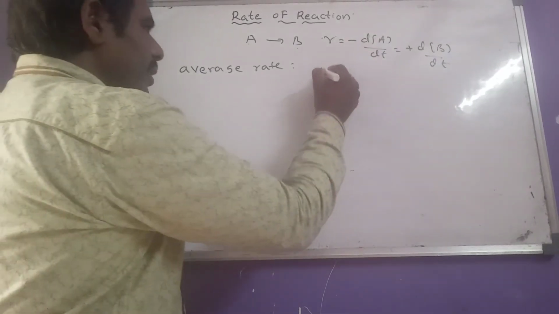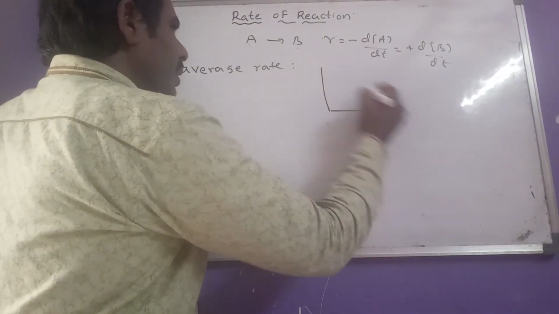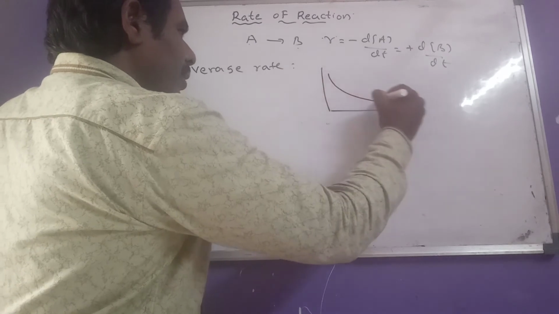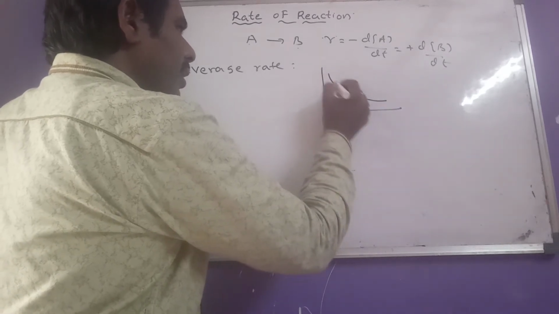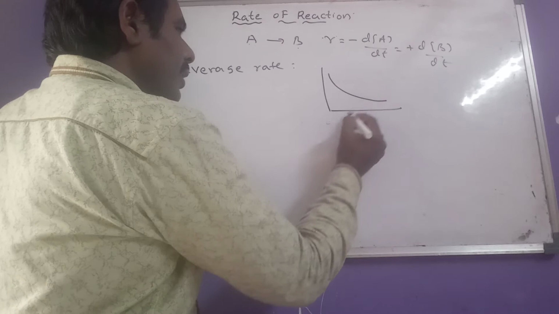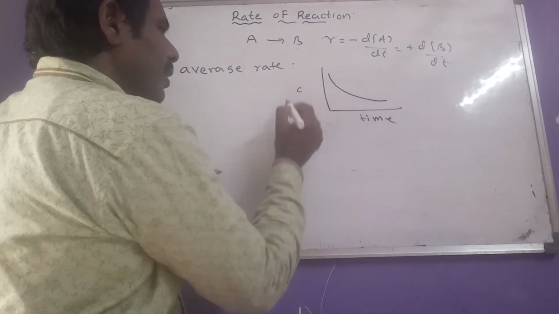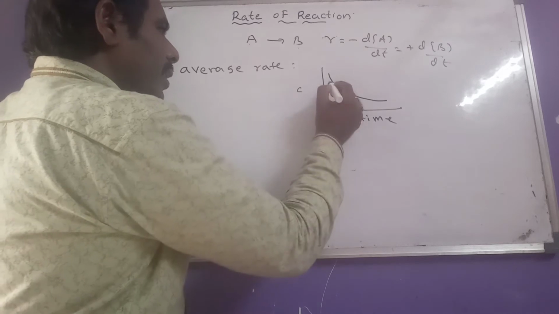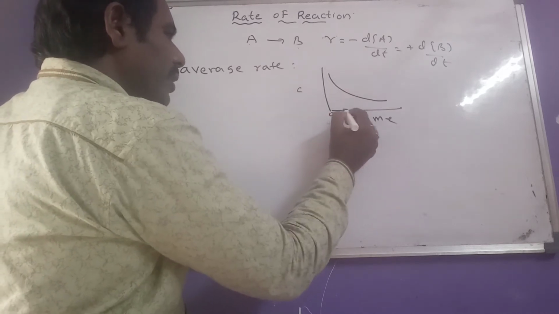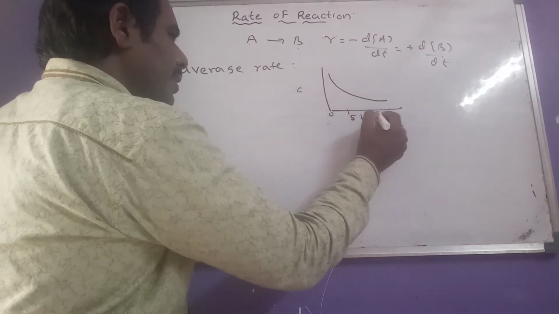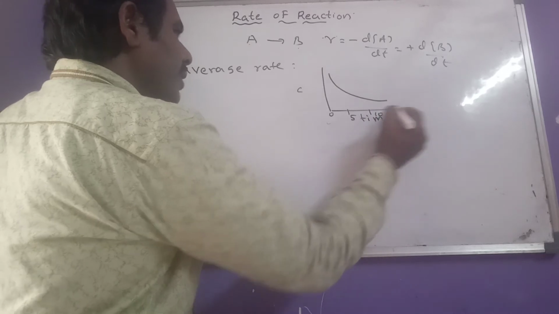Okay, now let us see here. For example, this is time, and this is the concentration of reactants, which decreases. Now 0 seconds, 5 seconds, 10 seconds, 15 seconds.